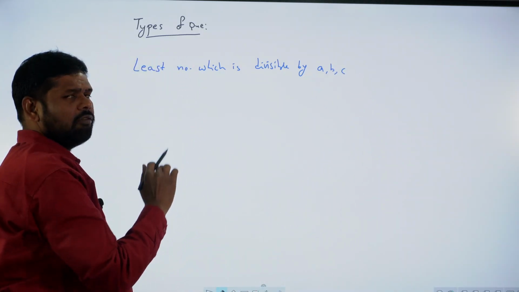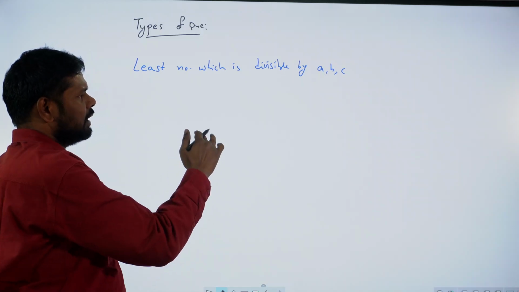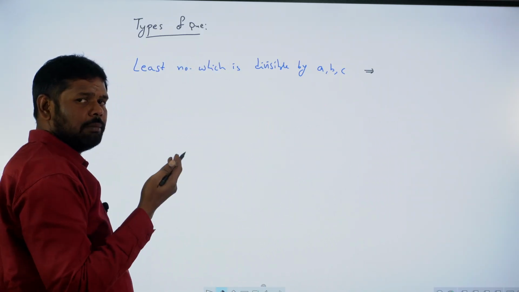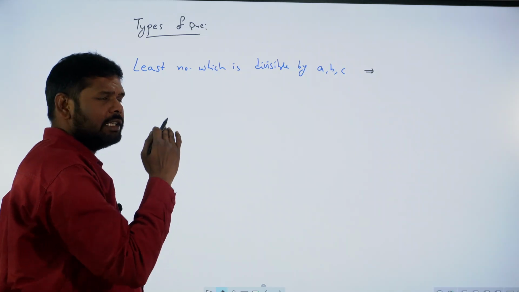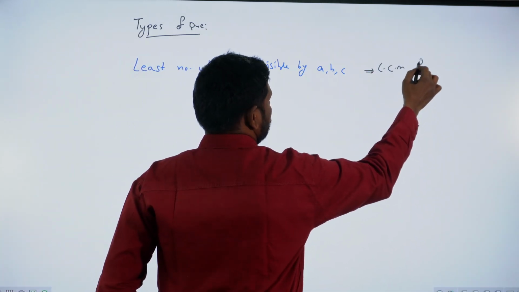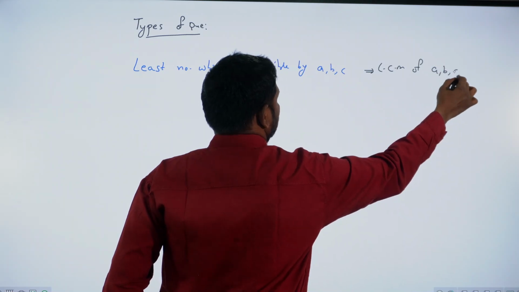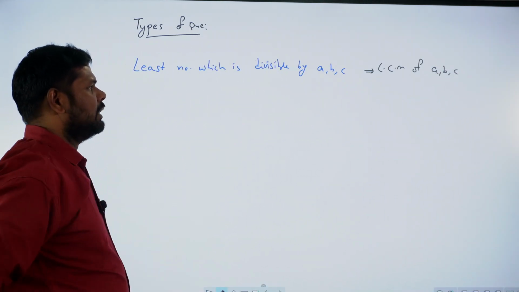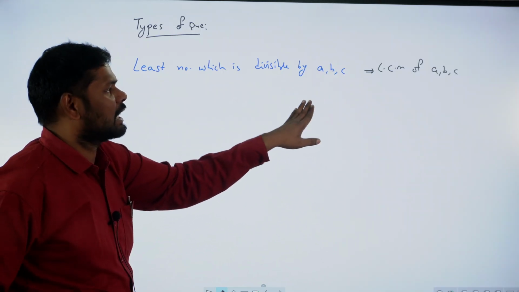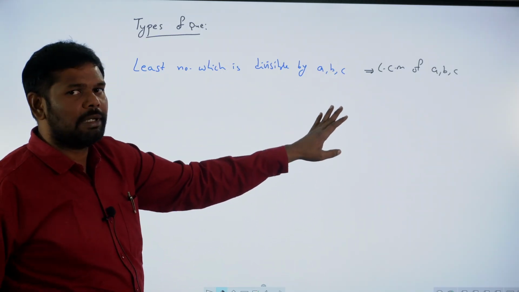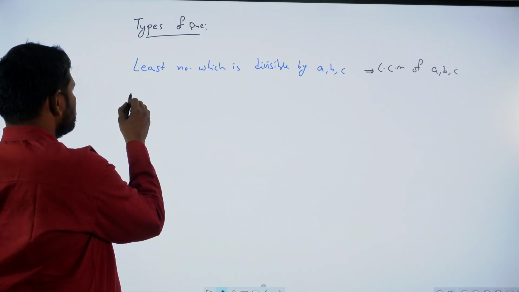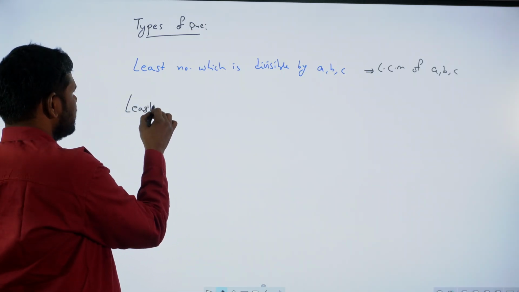Suppose the question is: find the least number which is divisible completely, or exactly divisible, by A, B, C. In this case, you just need to find the LCM of A, B, C. That's enough. LCM means least common multiple. That is the number which is exactly or completely divisible by A, B, C and gives remainder 0. That's it.